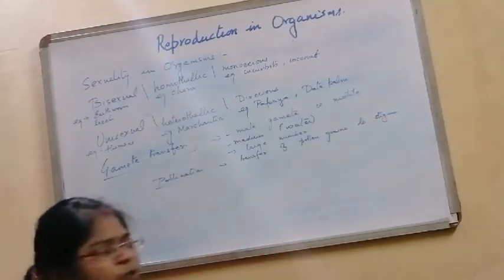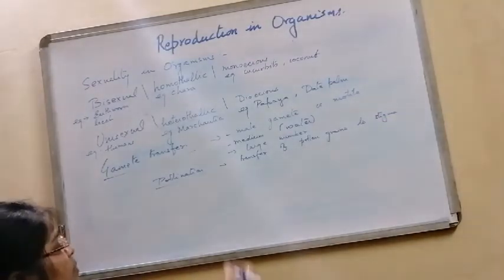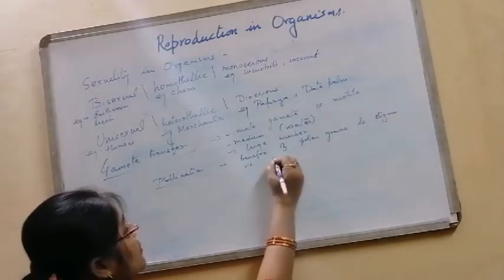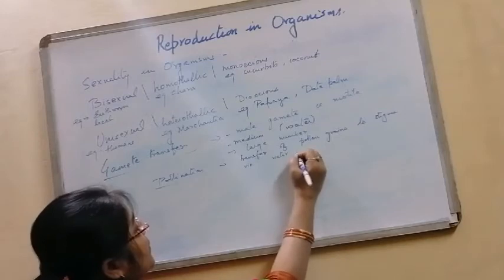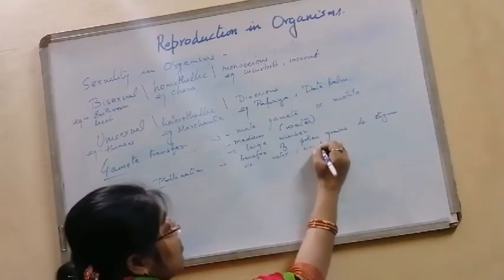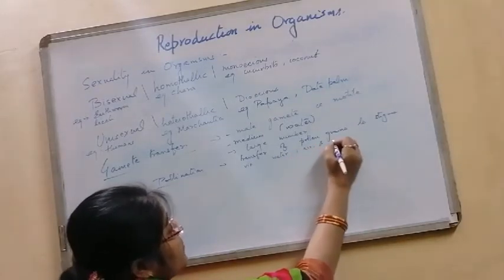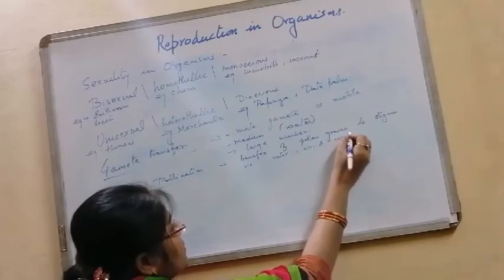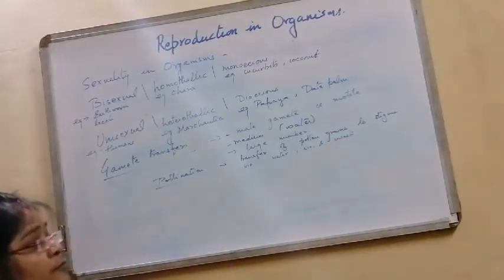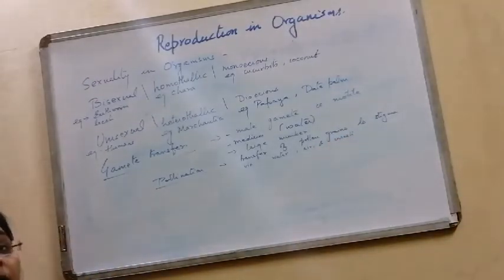There are various agents, like water, air, and the major pollinating agents are your insects. After pollen grains fall on the stigma, they give rise to pollen tubes, and through pollen tubes, the male gamete fuses with the egg in the ovules. So this is how gametes get transferred.